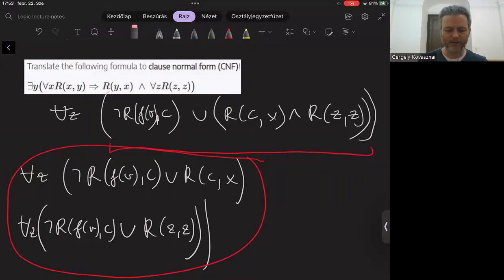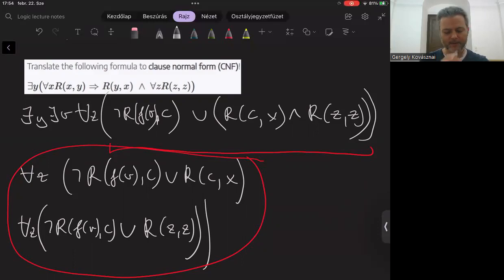If this was not the case, then this would have been the quantifier prefix we would have got: for all y, exists y, exists v, for all z.